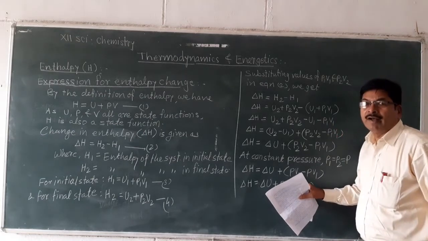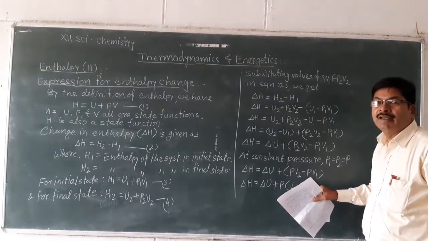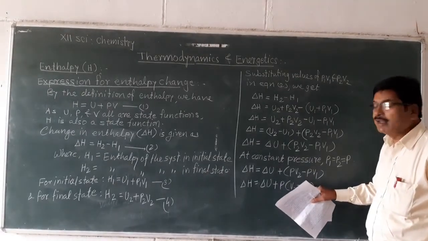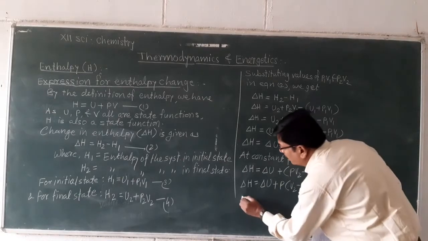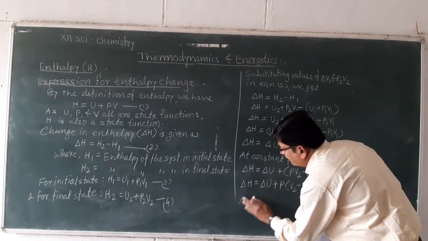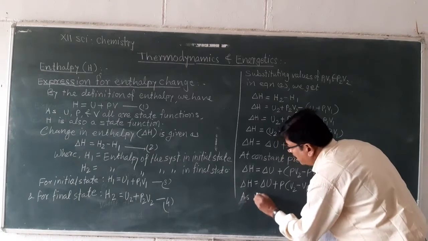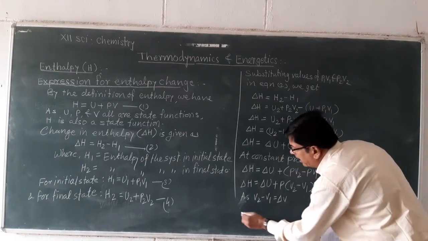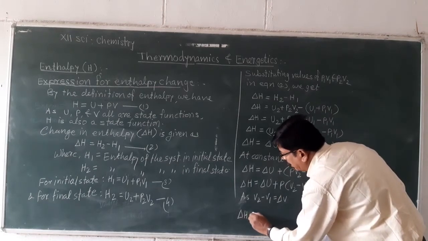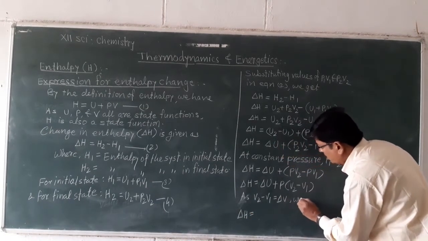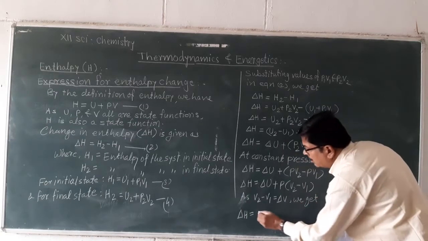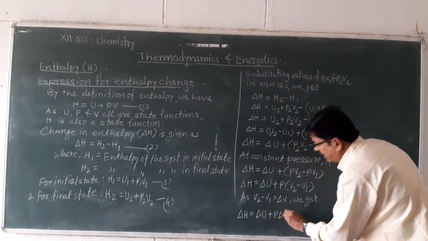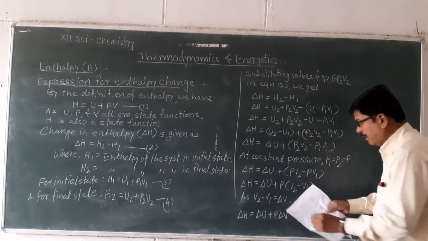Now V2 is the final volume of the system and V1 is the initial volume. The difference between final volume and initial volume is change in volume, so V2 minus V1 is delta V. We get delta H is equal to delta U plus P delta V. This is the mathematical equation.